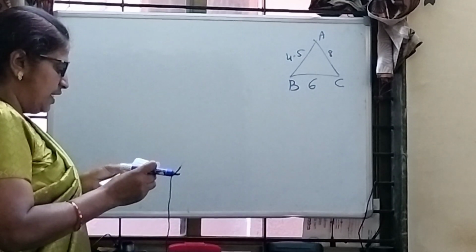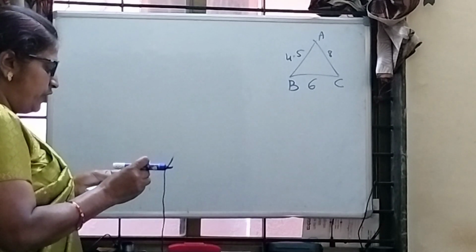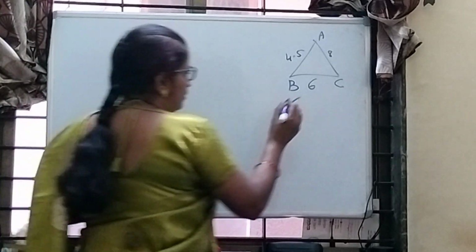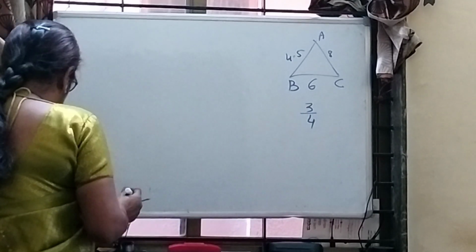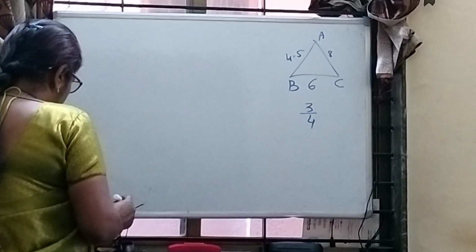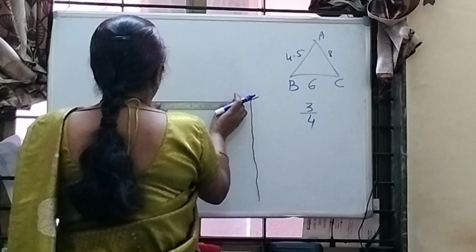Construct another triangle whose sides are 3 by 4 of the corresponding sides of the first triangle. So the ratio given is 3 by 4. So first we will consider the triangle, given triangle, that is BC is equal to 6 centimeters.